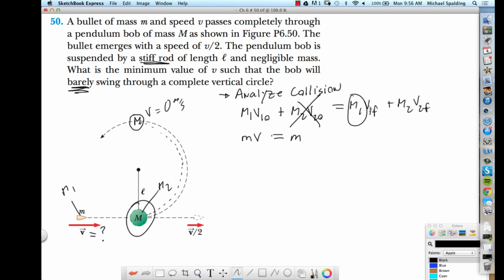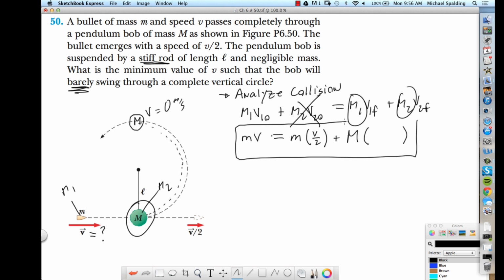Little m. Now what's the final velocity of the bullet after the collision? That's V over 2. Okay. What's M2? Big M. Now we have to figure out the velocity of big M after the collision.